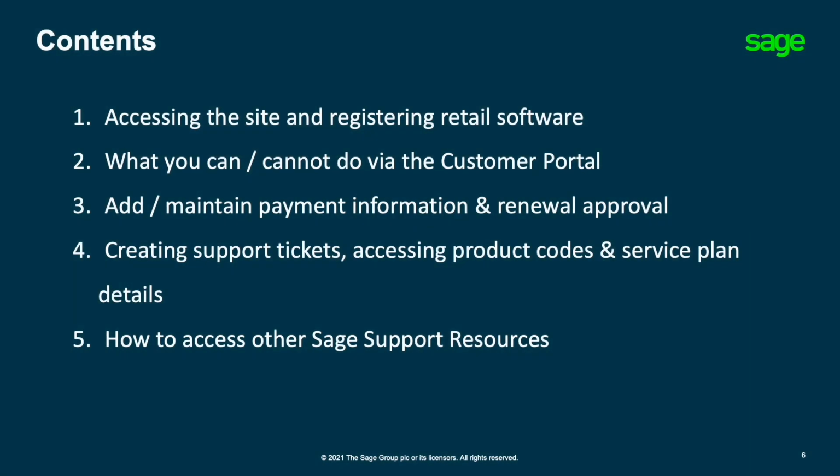In this webinar, we'll be covering how to access the site and register the retail product, what you can and cannot do via the customer portal, adding, maintaining payment information and renewal approval, creating support ticket, accessing product codes and service plan details. Last but not least, how to access other Sage support resources.